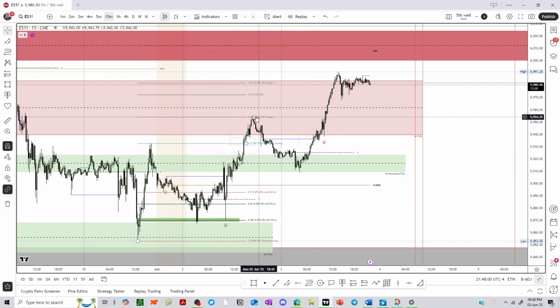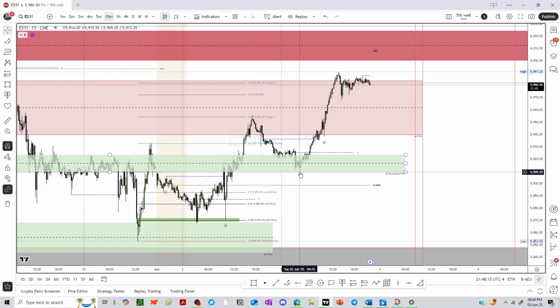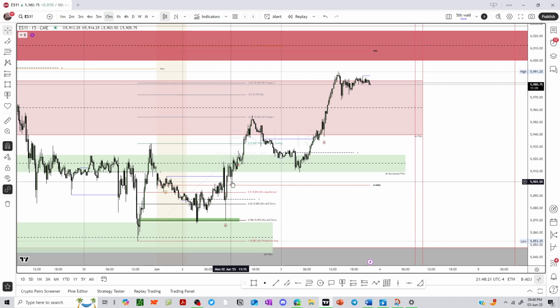Entry target 1 was hit this day at 4:15. You have a pullback, bleeding out during the Asia session, bleeding out until we get to the London session next day. And that's between this level and this level.